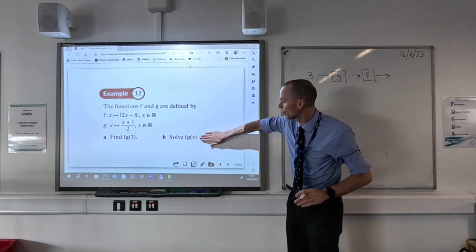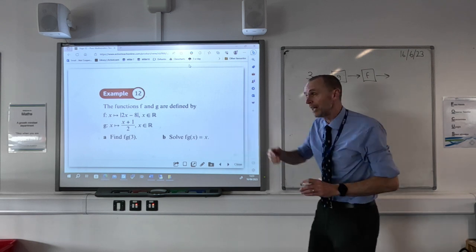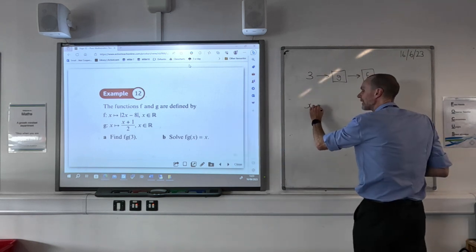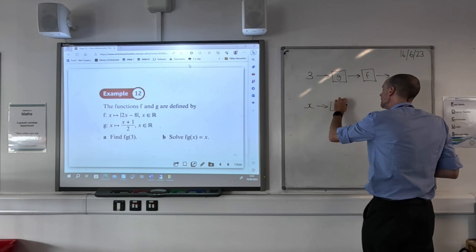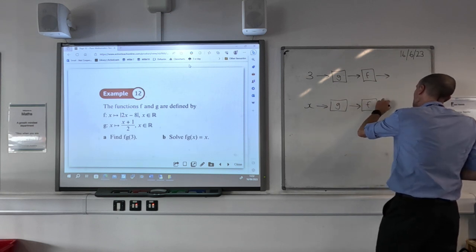And ignoring the equals x, that notation there means what algebra do you get if you take x and put it into g, and then whatever comes out, you put that into f.